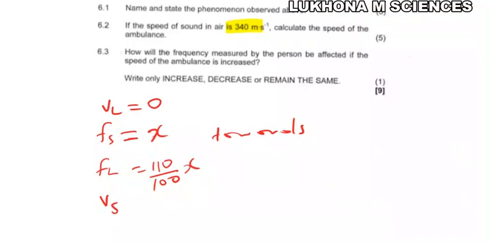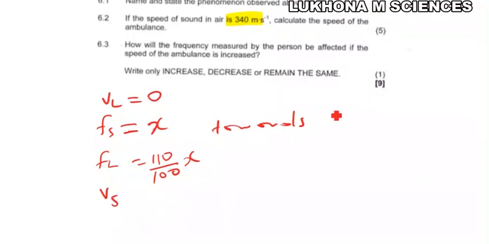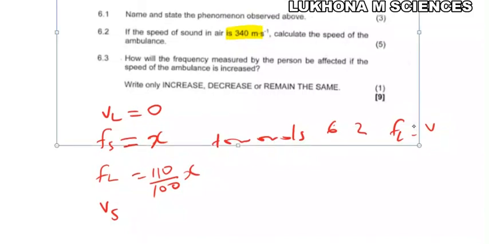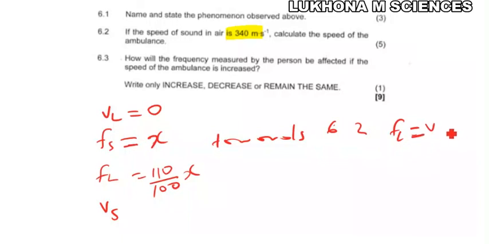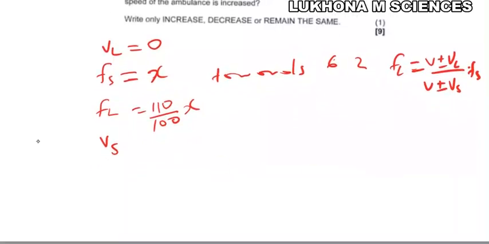It is very simple. We write the formula: FL is equal to (V plus or minus VL) divided by (V plus or minus Vs) times Fs.